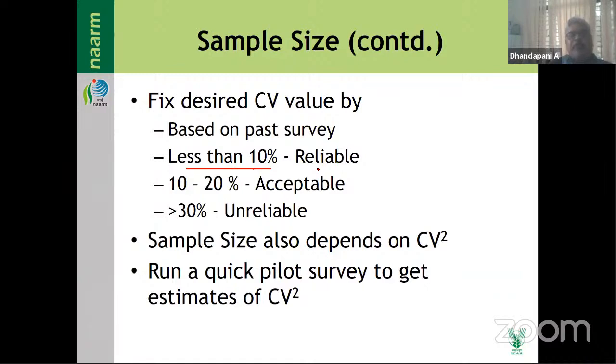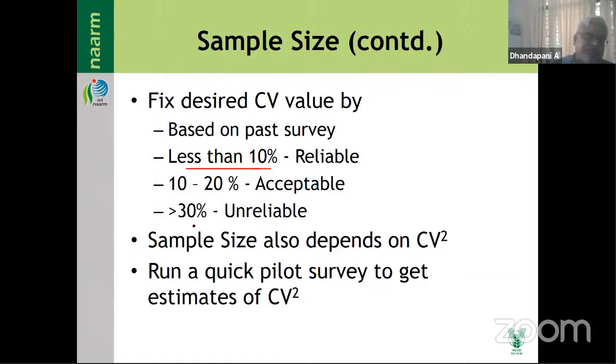So we need to consider their CV as the guiding force to fix the sample size. Because once you fix the sample size, it is for all the variables, not for individual variables. So you need to fix only for one.